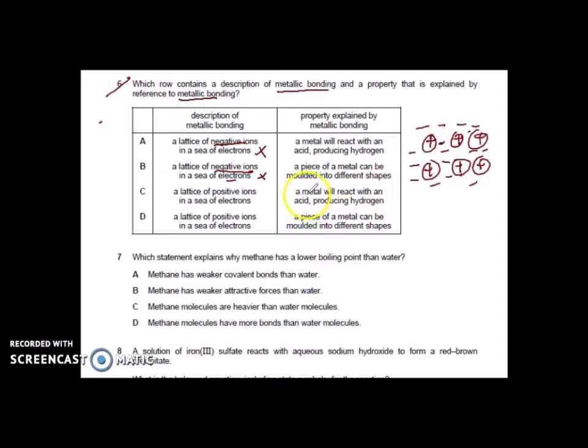A metal will react with acid; a piece of metal can be molded into different shapes. So your best answer here will be D. Okay, this is your answer.